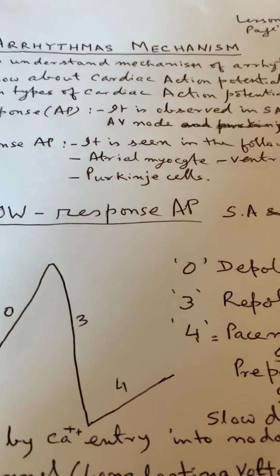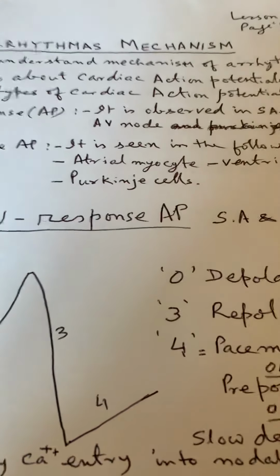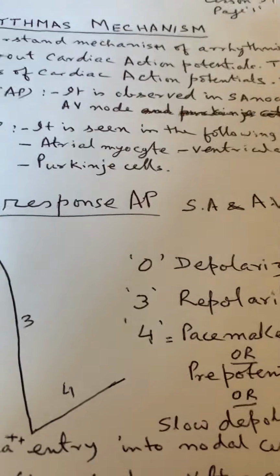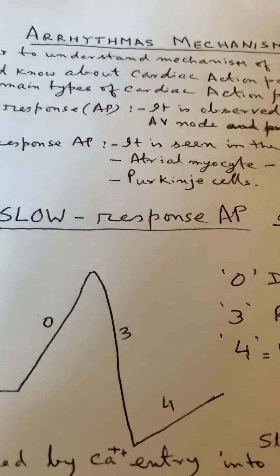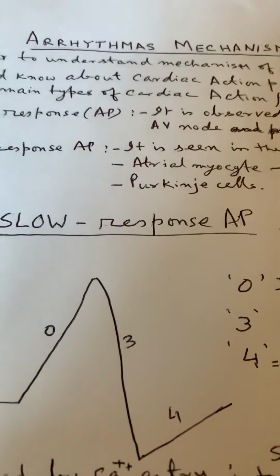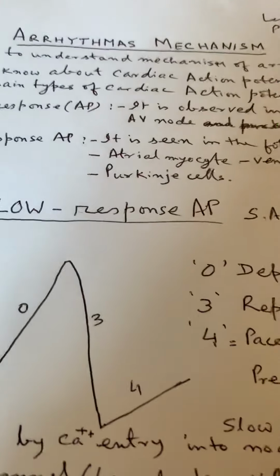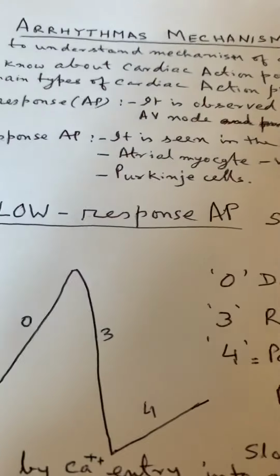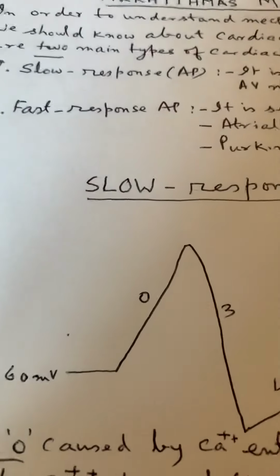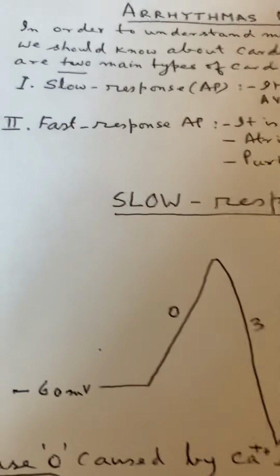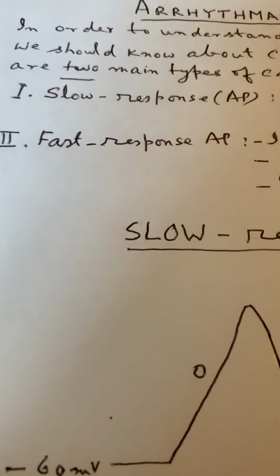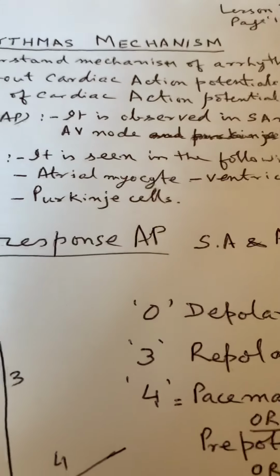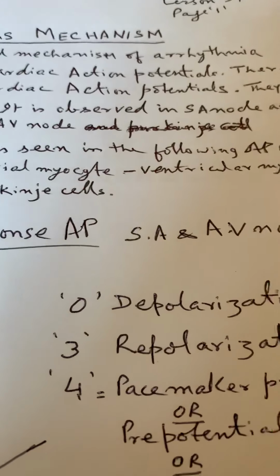There are basically two main types of cardiac action potential. One is the slow response action potential. That is observed in the SA node and AV node.